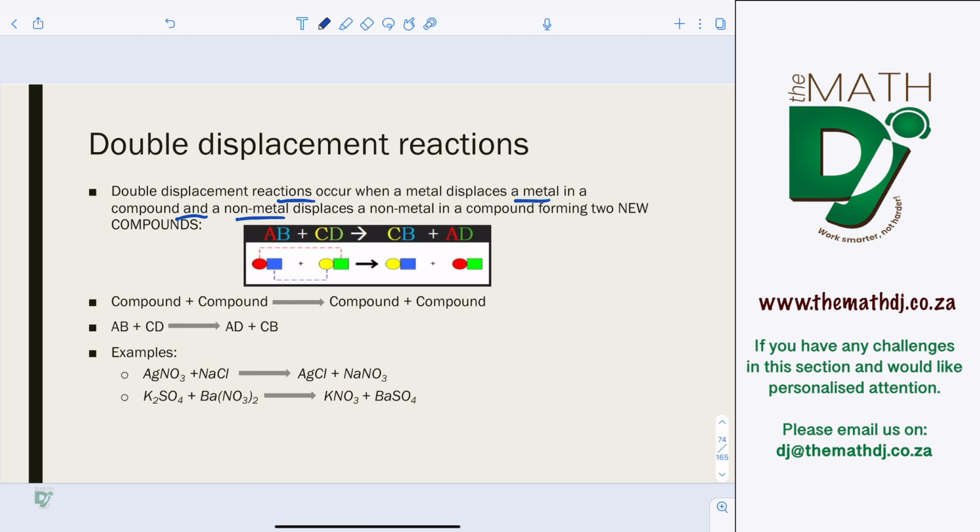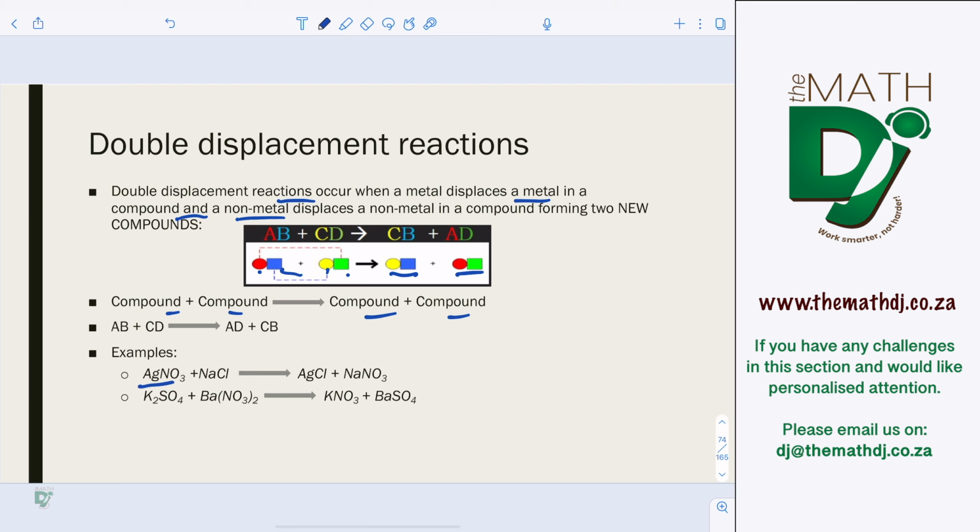So AB plus CD displace each other to form CB and AD. C combines with B to form CB, then D combines with A to form AD. So this is a double displacement. It's compound plus compound to form compound and compound. So these are examples.